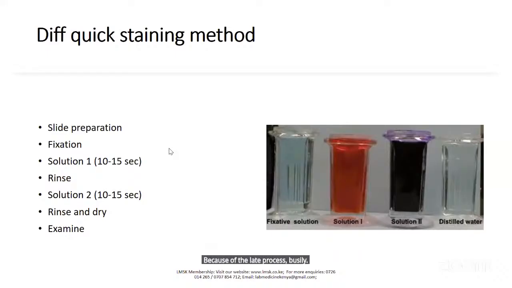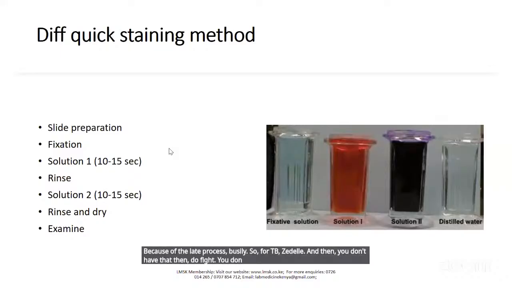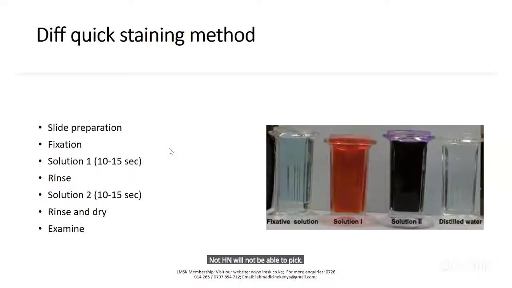So for TB, ZN. If you don't have ZN, do FITE. If you don't have FITE, do ZN. Not H&E. H&E will not be able to pick TB because, even the counterstain in the routine H&E is pinkish in color. So what does that tell you? We know that bacilli are pinkish. So the counterstain is pinkish. You'll not be able to pick the bacilli. So for TB, ZN. If not ZN, do the FITE Faraco staining technique.